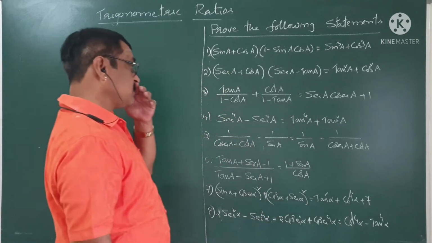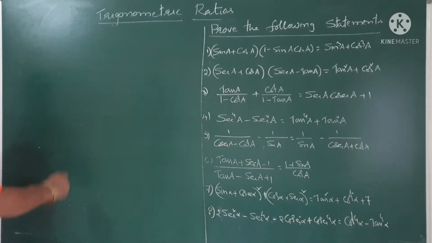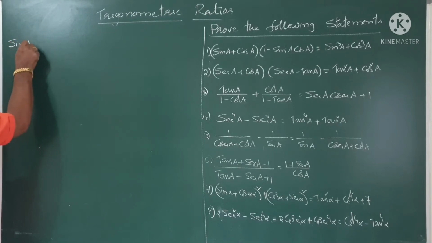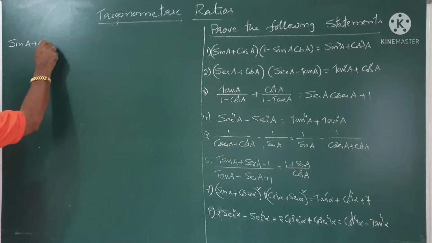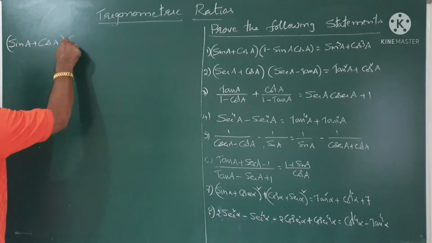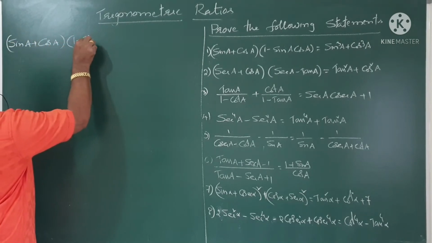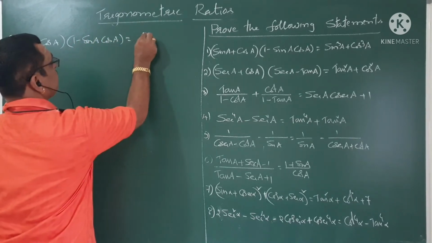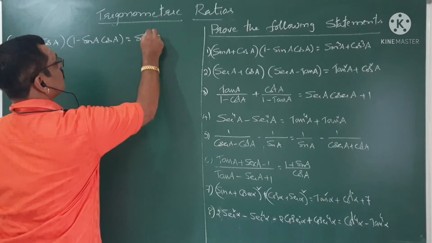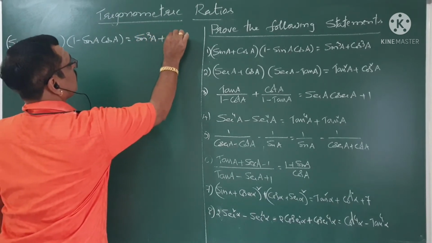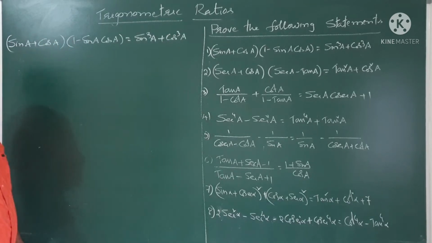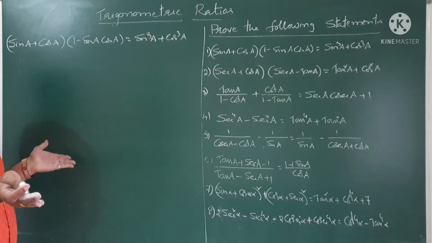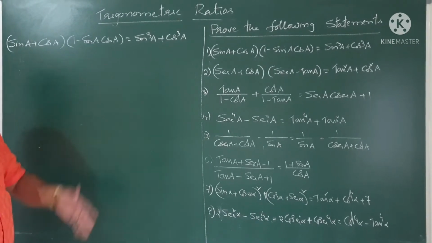Okay, now come to the first one. We have to show sin A plus cos A times 1 minus sin A cos A is equal to sin cubed A plus cos cubed A. Now one method is take the left hand side, open the bracket, simplify, get the right hand side.